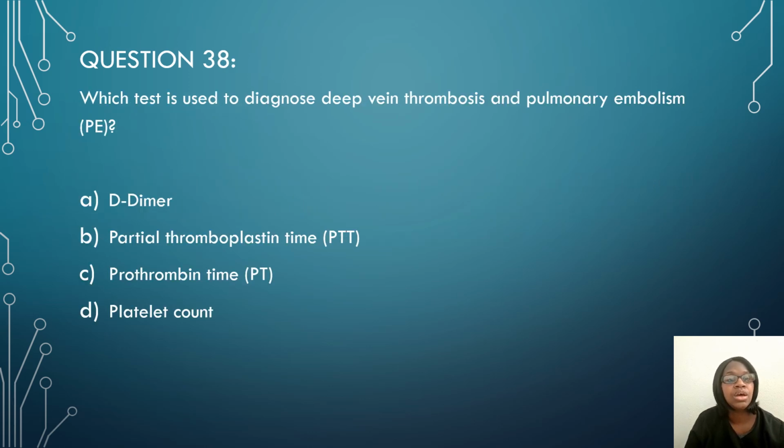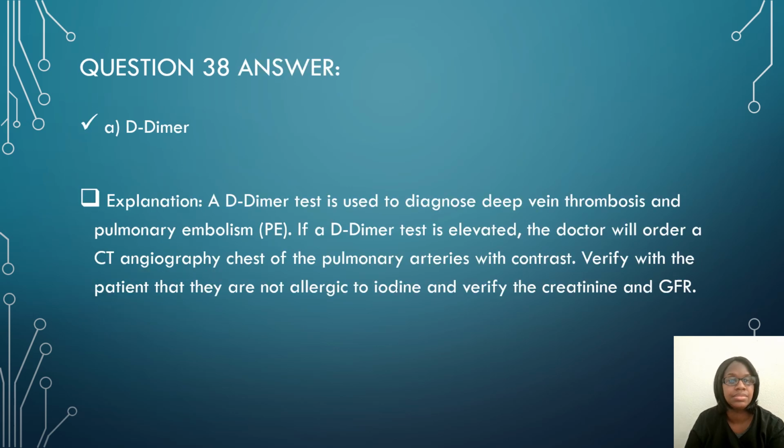Question 38. Which test is used to diagnose deep vein thrombosis and pulmonary embolism? D-dimer.